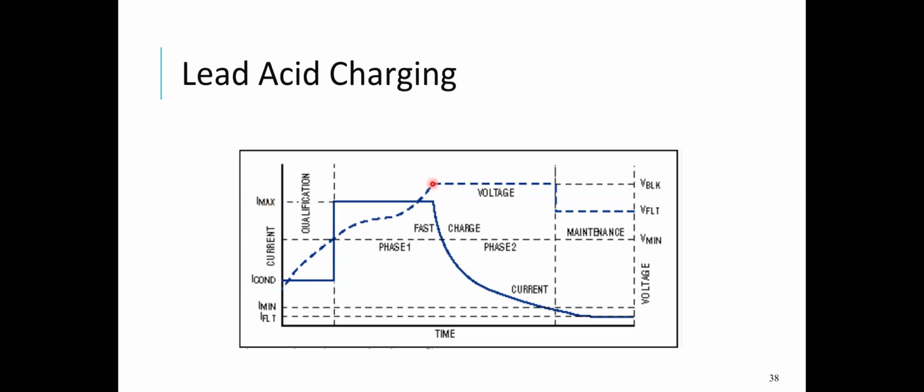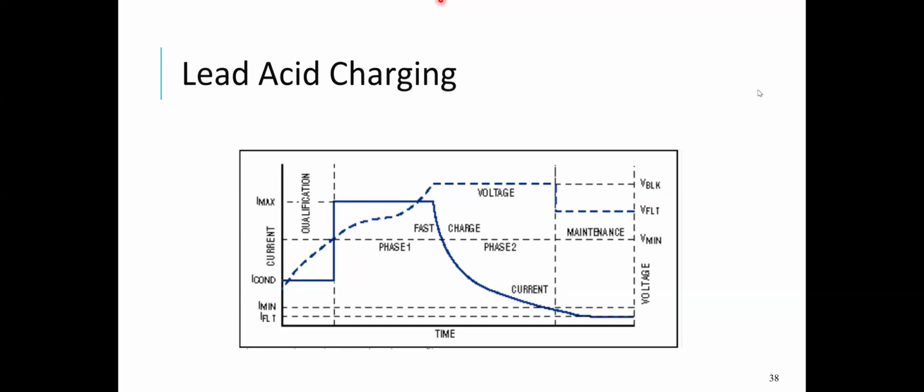When the voltage reaches some predefined value, again defined by the manufacturer, the charger goes from a constant current charging mode into a constant voltage charging mode. In this case, the voltage is maintained at a constant value, and as a result, the current will slowly reduce.